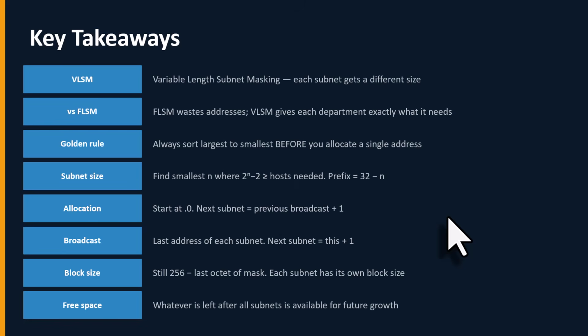It should always be taken into account. You should always think about it in that regard. And also the allocation, when you start from 0, the previous one, so you need to keep going like that. The broadcast address, you can always think about it. You can always convert from binary to decimal, but basically that is what variable length subnet masking is all about.